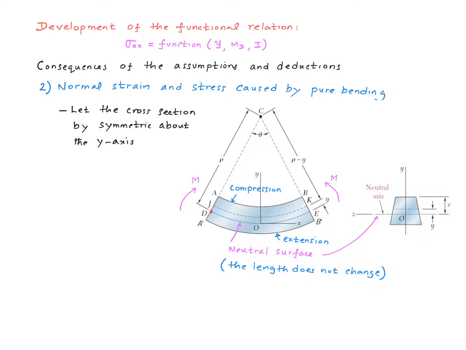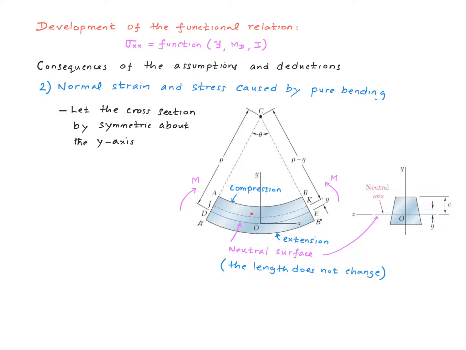Since the fiber DE, that is the fiber representing the neutral surface, does not undergo any deformation, the original length of this fiber right here is exactly equal to this, right? That is because all of these longitudinal lines had the same length originally, that is before we put the pure bending on it, right?